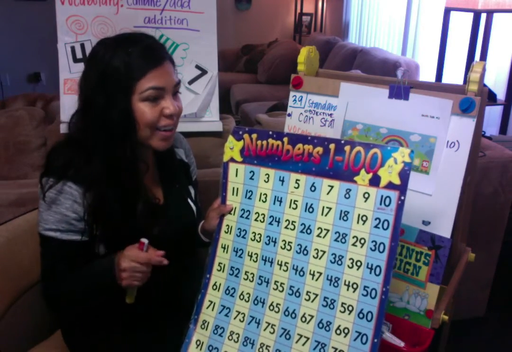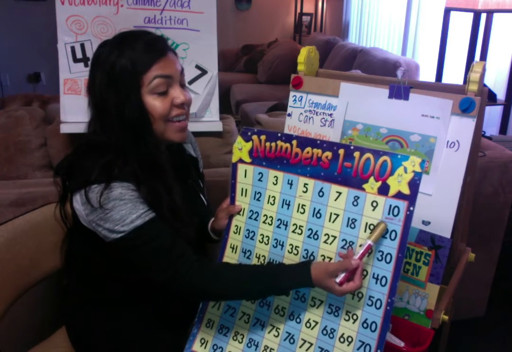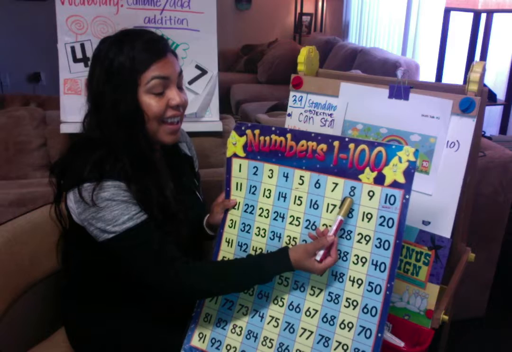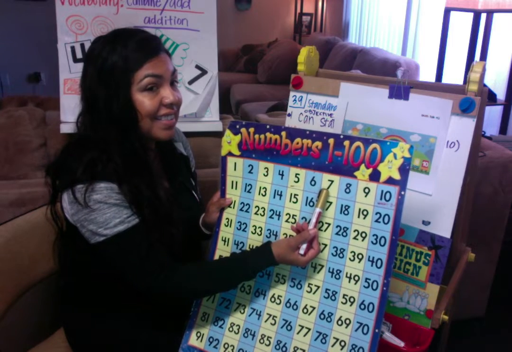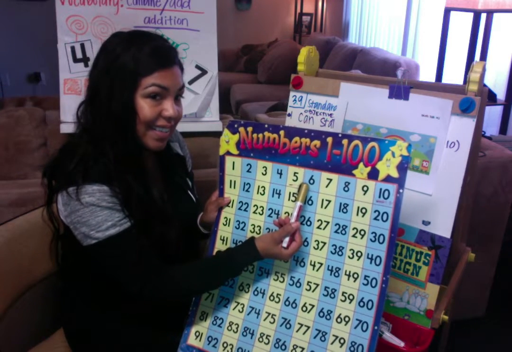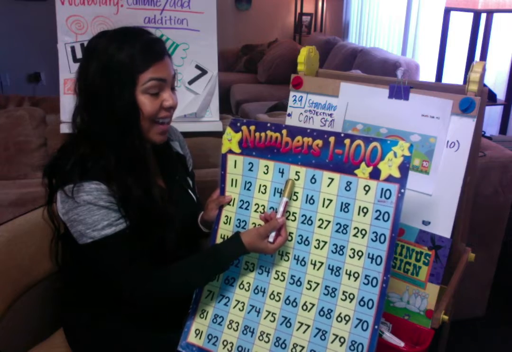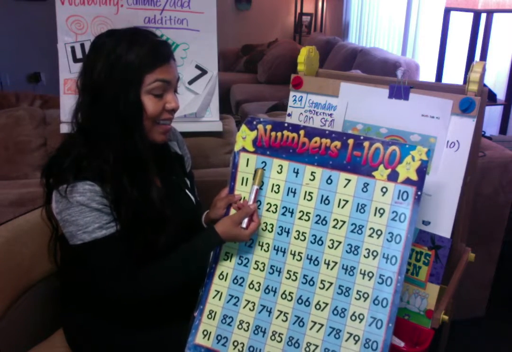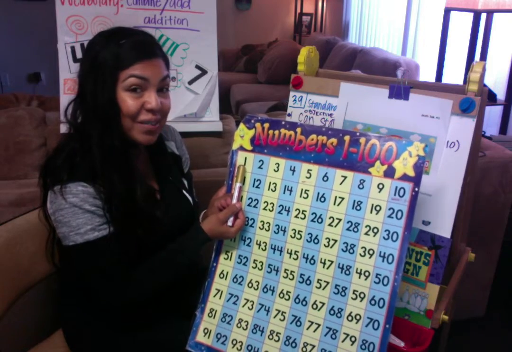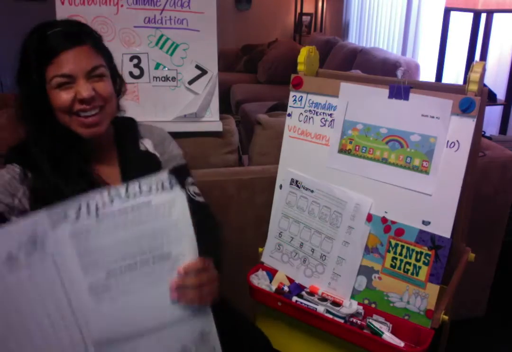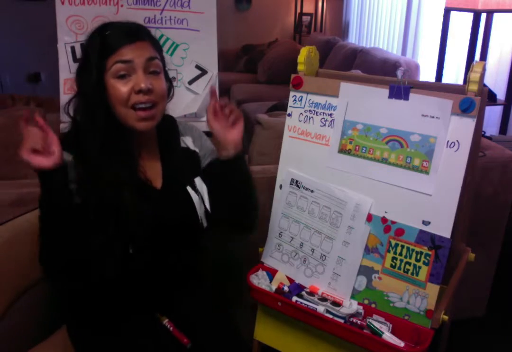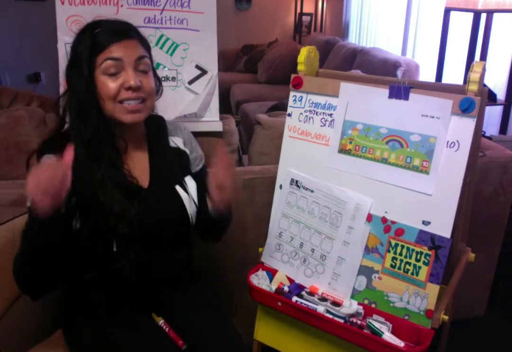Let's try it together. 10, good. 9, 8, 7, 6, 5, 4, 3, 2, 1. We did it. Good job, boys and girls. Yes, now we just counted forwards and backwards, all on the number line.